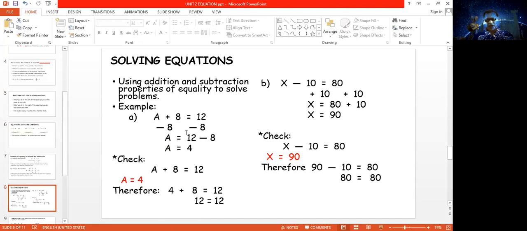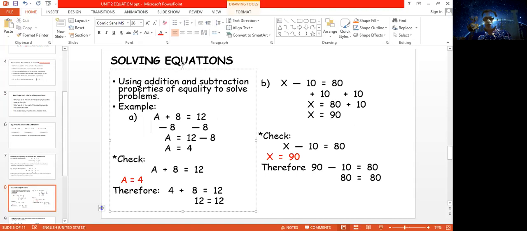Our original equation is a plus 8 equals 12. Since we have addition here, a plus 8 equals 12.